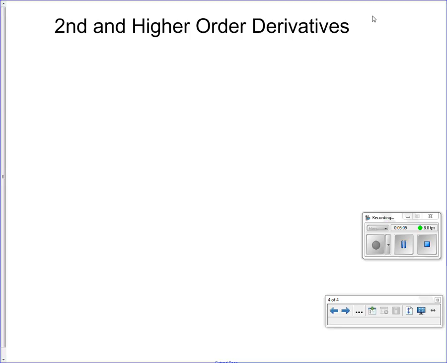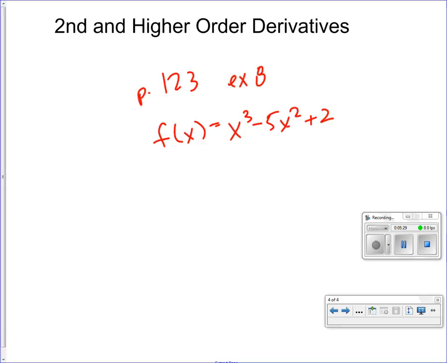So I'm going to pull an example out of the book. I'm on page 123, example number 8. The function there is x cubed minus 5x squared plus 2.